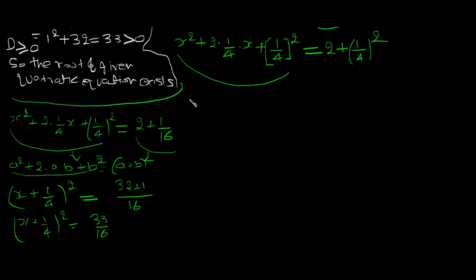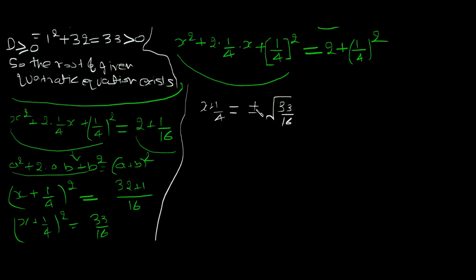So when I take square root on both sides, I will get x plus 1 by 4 is equal to plus minus square root of 33 upon 16.